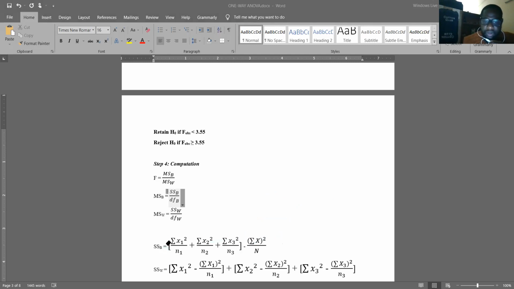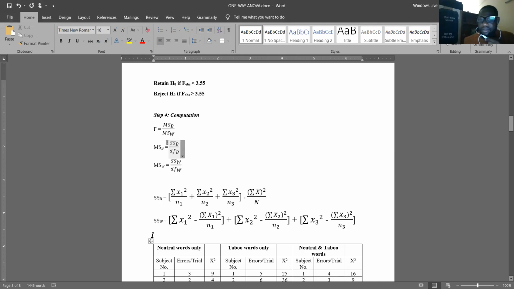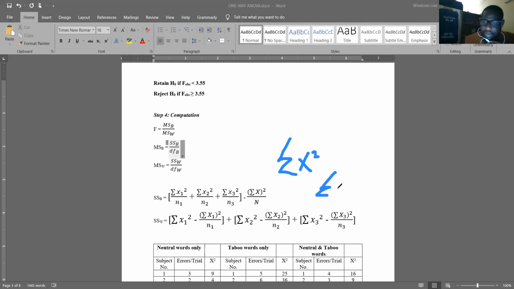Then with sum of squares for within, that's the formula, like what we did for sum of squares for between. Basically, they are telling us to solve for sigma x all squared for all the 3 groups, and also sigma x squared for all the 3 groups.